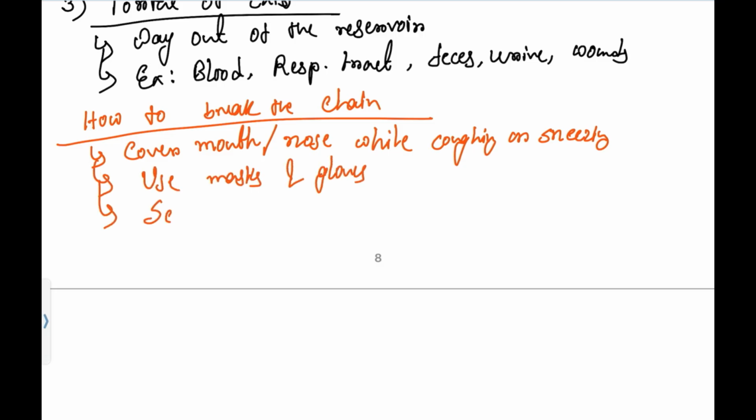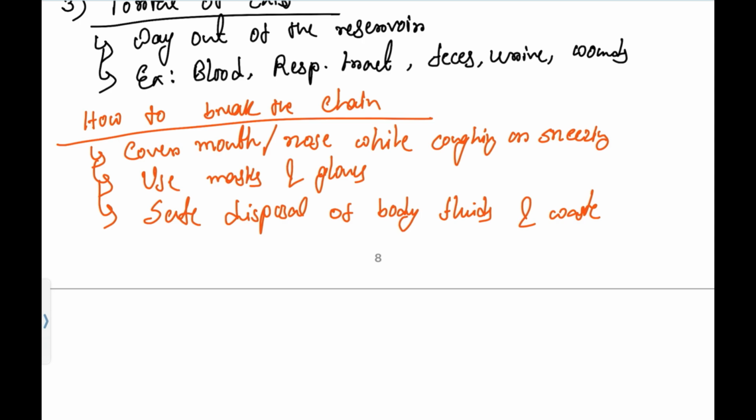Safe disposal of body fluids and waste. If in hospital you are taking care of an HIV/AIDS patient or other infected persons, you need to dispose of his or her biomedical waste in a different place. Segregate it in a particular place.